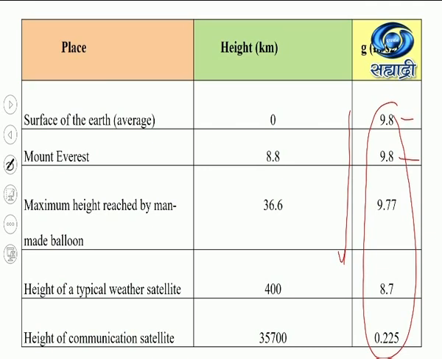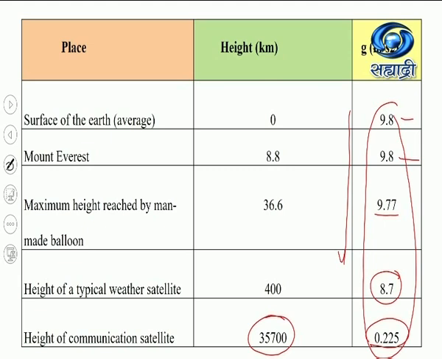At the maximum height reached by a man-made balloon, it is 9.77 meter per second square. At the height of a typical weather satellite, the acceleration due to gravity is 8.7 meter per second square. And at the height of a communication satellite, 35,700 kilometers above the Earth, it is 0.225 meter per second square.